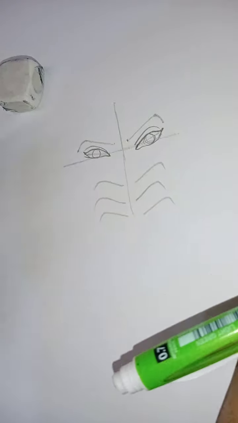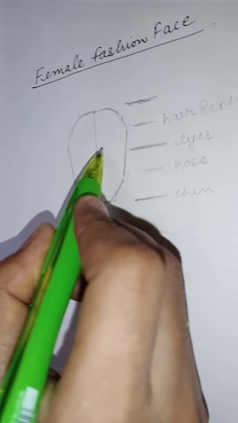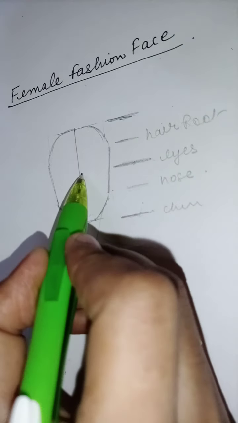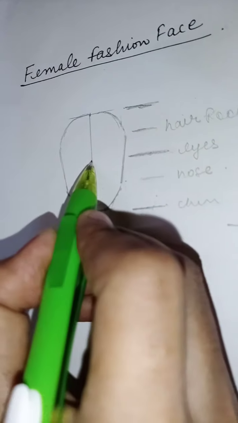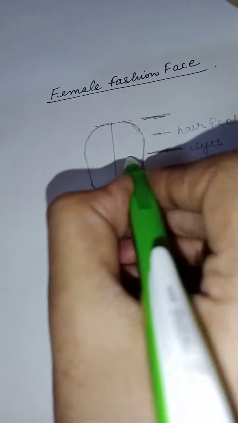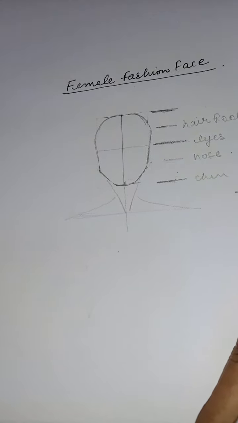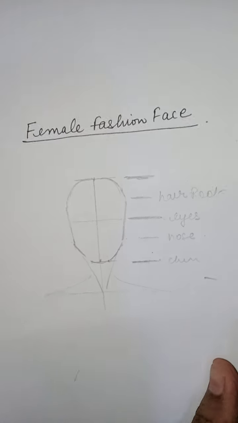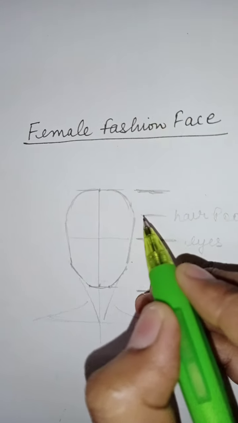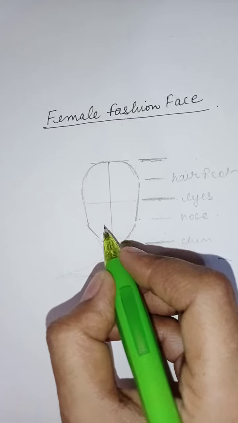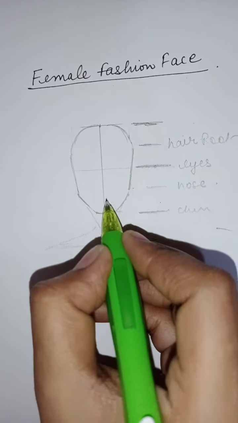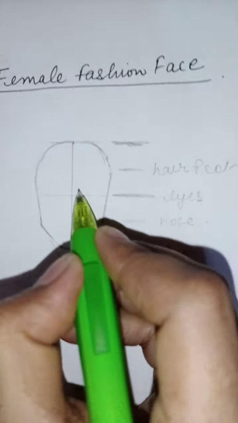Okay, now focus here. Now I will make my eyes here. See? No. Make it like this. Now I am making eyebrows here.